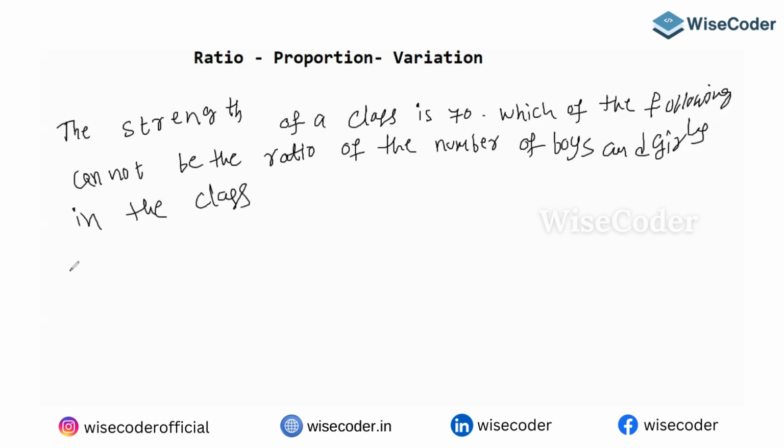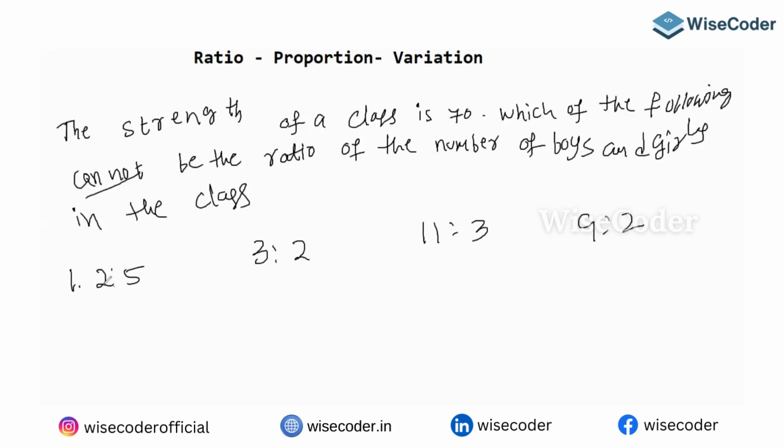Your options: first option 2 is to 5, second option 3 is to 2, 11 is to 3, 9 is to 2. He is asking which cannot. Total is 70.